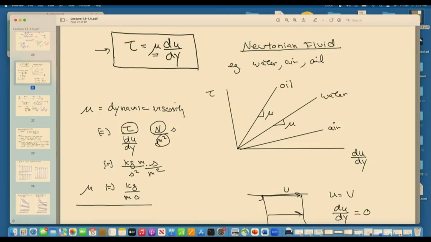The dynamic viscosity, FYI, the units work out so that if you just solve for it, it's shear stress over du dy, the shear stress being force per area, and du dy having units of inverse time. You can work out the units, and so the units of dynamic viscosity are kilogram per meter second.